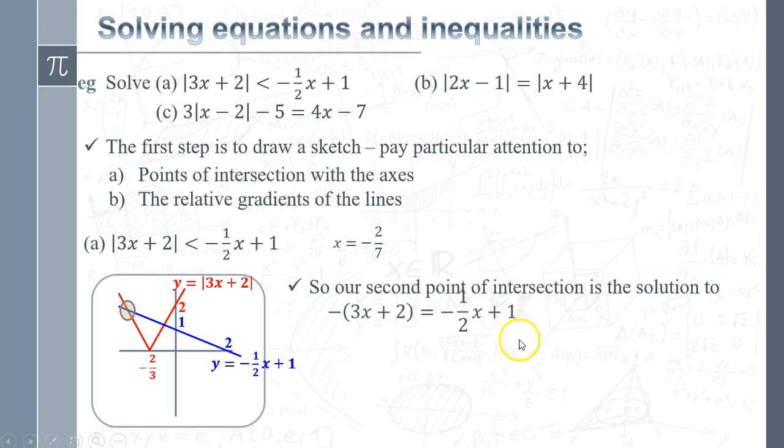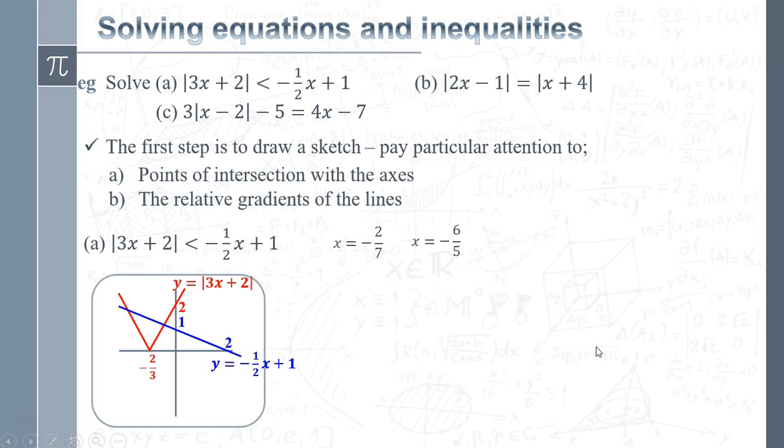I see this one here as my positive arm, and this one here as what I refer to as the negative arm, so I know I've got a point of intersection where my negative arm meets my blue line, which is that equation. Doing some solving on that, we get x equals minus 6/5. So those are our 2 points of intersection. Now in this particular question, we're talking about an inequality.